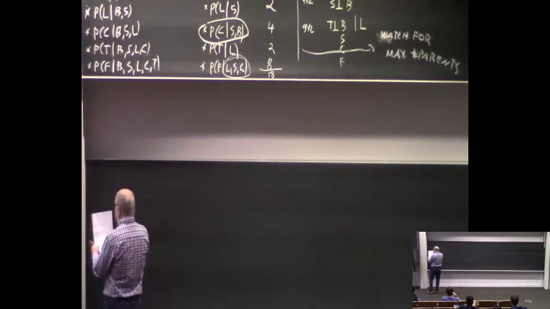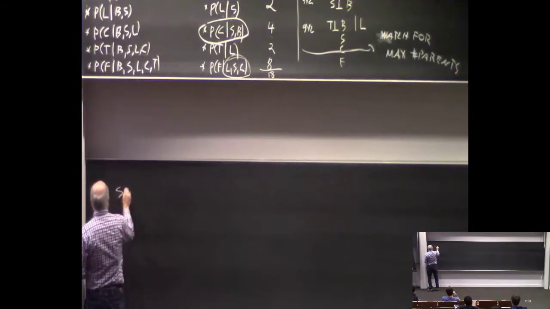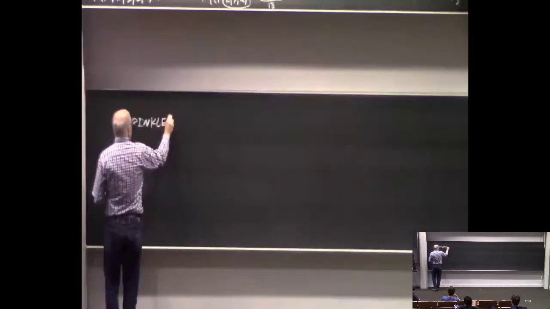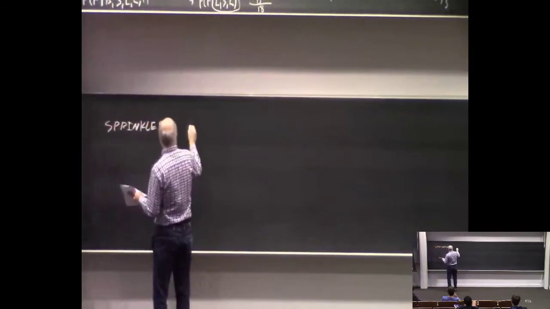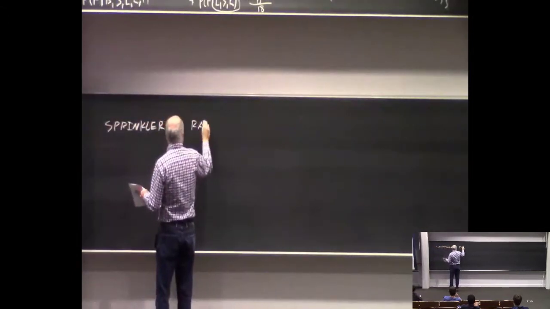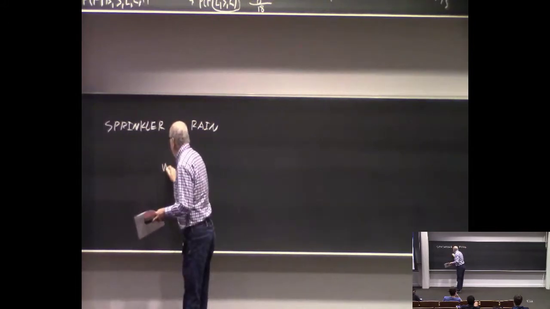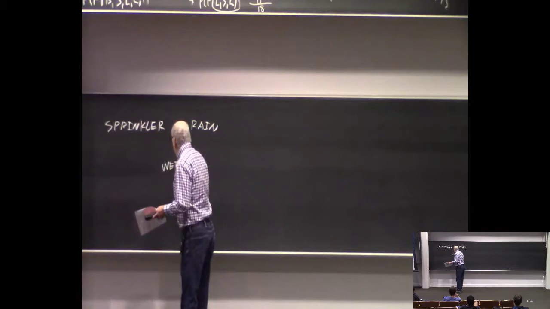So my example is of nodes called sprinkler and rain, and the grass being wet.